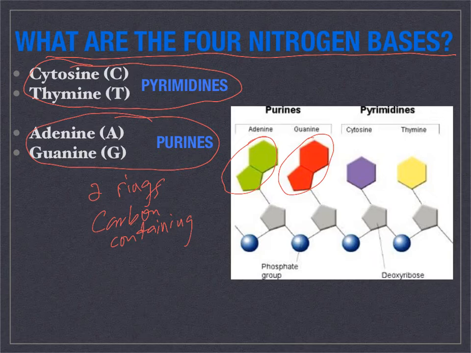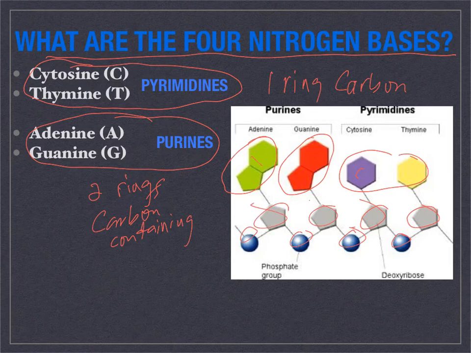The pyrimidines have one carbon ring, and those are cytosine and thymine. They still have the phosphate, sugar, and base, but the bases are different. The structure of adenine and guanine is different, even though they look similar. The structure of cytosine and thymine is different, even though they look similar. That's what makes up the four different nitrogen bases, or four different nucleotides.